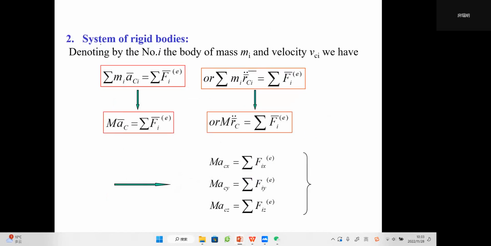And we can once again repeat this for the system of rigid bodies. How should we understand what a system of rigid bodies is? What is the difference between a system of rigid bodies and a system of particles?